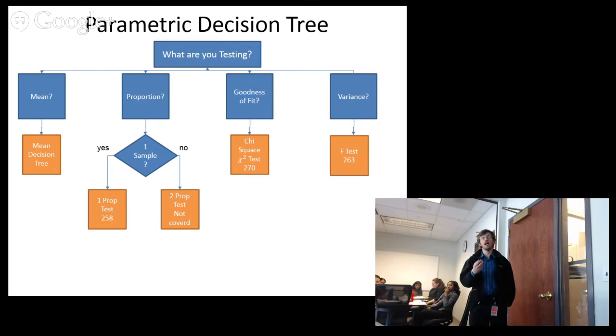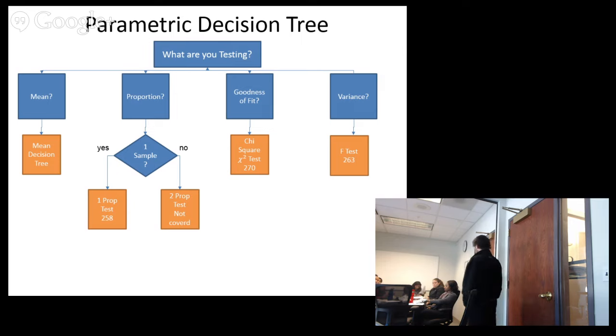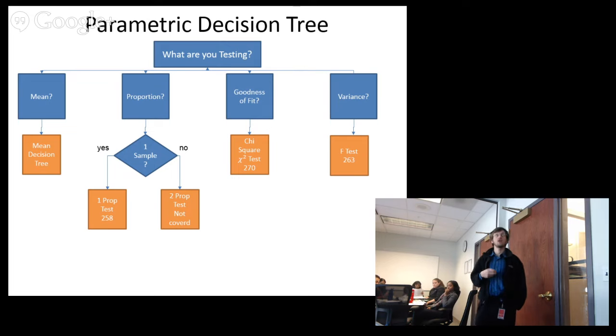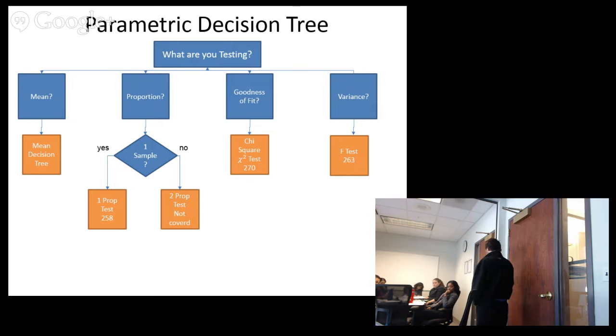So there are different types of things we can test for. We can do hypothesis tests on the mean, and we'll see there's an entire decision tree on the next slide for that. We can do hypothesis tests on the proportion. So is the defect rate from supplier 1 different from supplier 2? My supplier says the defect rate is 5%. How do I know?